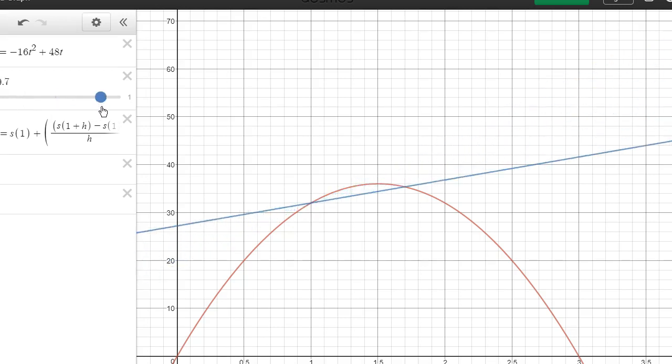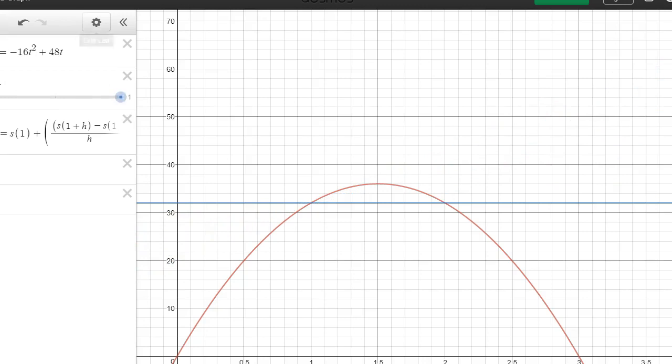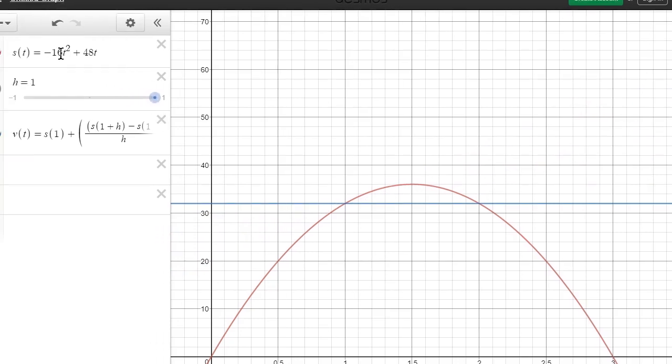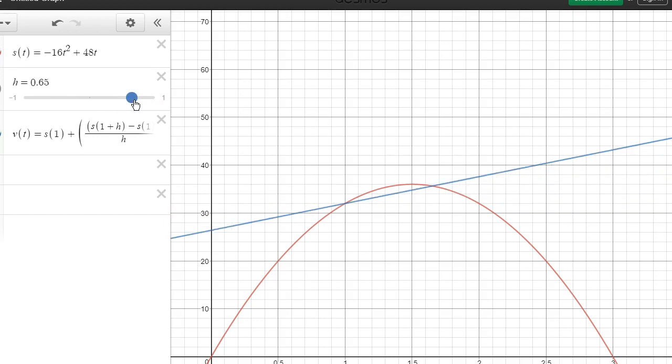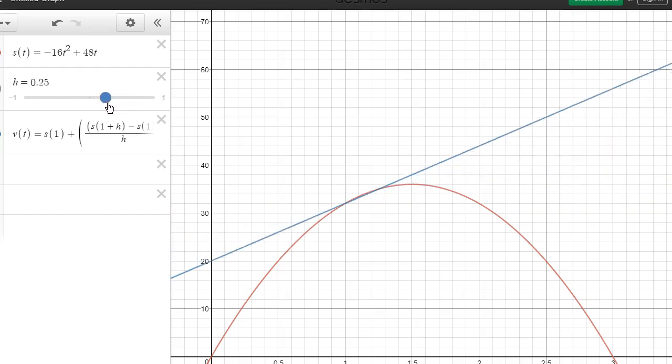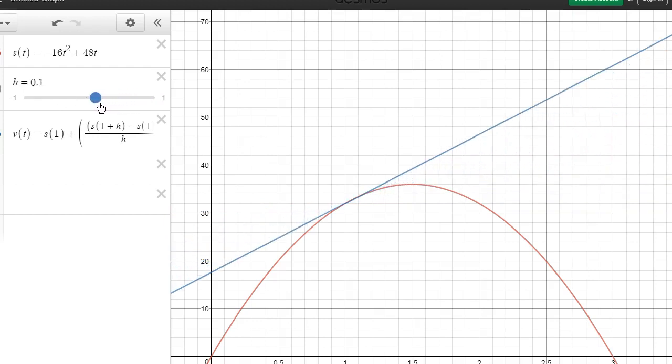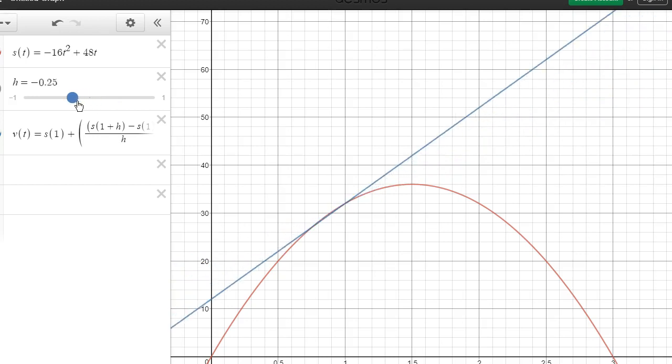So like we said before, if we're talking about h is equal to 1, then that means you're at s of 1 to s of 2, and the average velocity there is 0. And as h gets closer and closer to 0, the slope of this line is getting closer and closer to 16, which you can't quite see here.